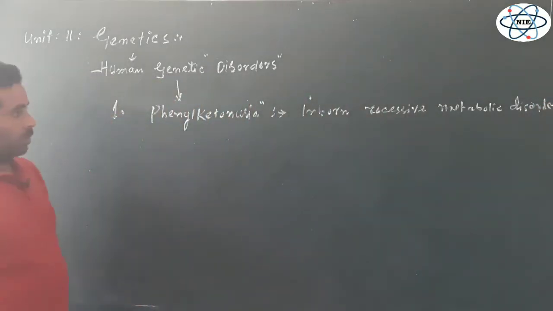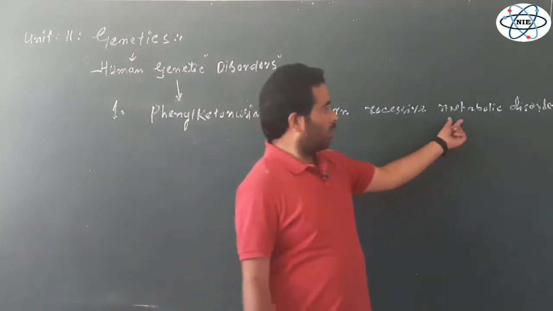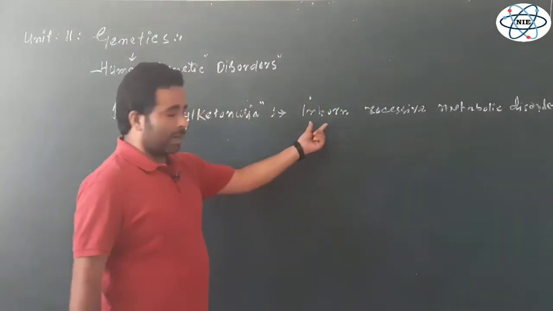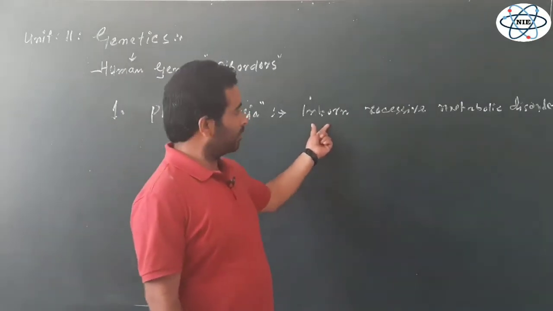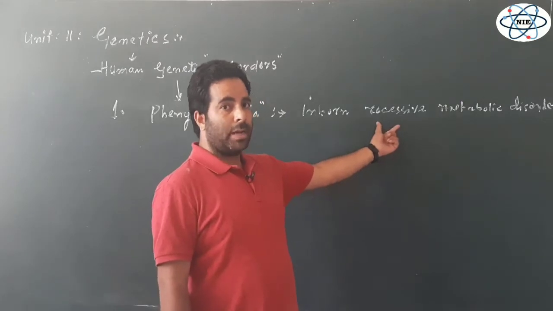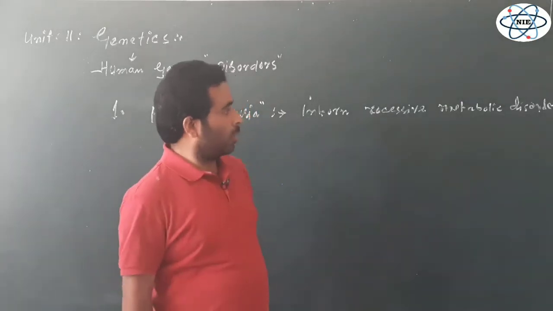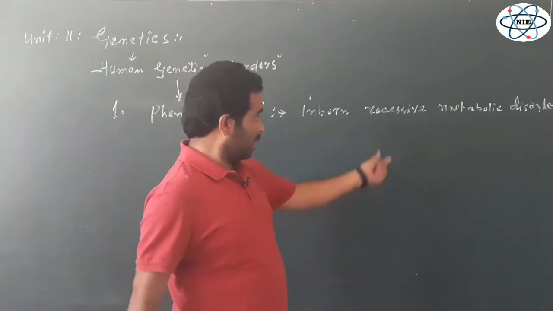So this phenylketonuria is an example of an inborn recessive metabolic disorder. Inborn, that means it is present since birth. Recessive, we have two types of traits so far as Mendelian genetics is concerned. One is dominant, another is recessive. So it is not the dominant trait, it is recessive.